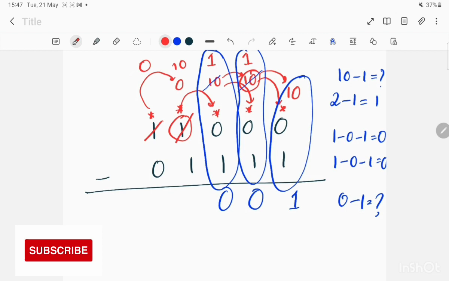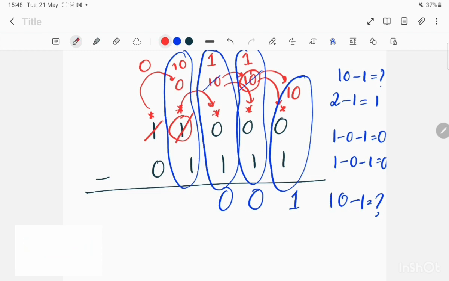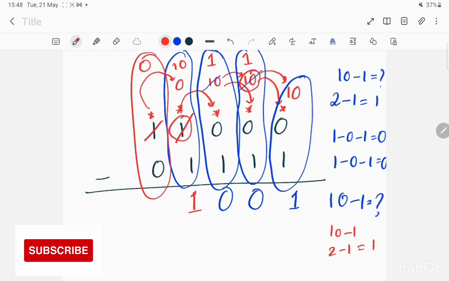Now in this particular column we have 1 0 minus 1. 1 0 is nothing but 2, minus 1, so 2 minus 1 is 1. Okay. So we have 1, and this is 0 minus 0, which we can just skip.